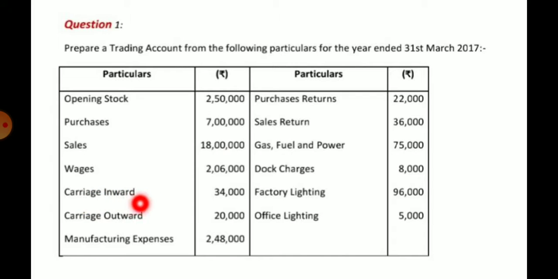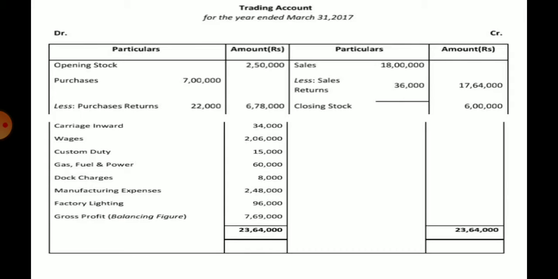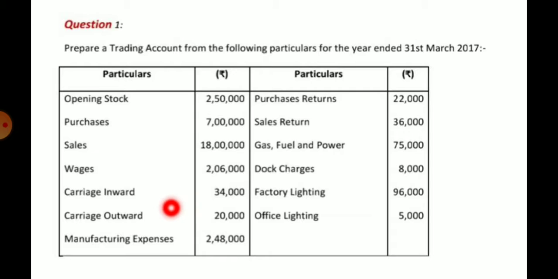Carriage inward. Carriage is an expense, so inward will be written in the trading account. It means carriage on purchase. And carriage outward is transferred to the P&L account, so it will not be entered in this question.